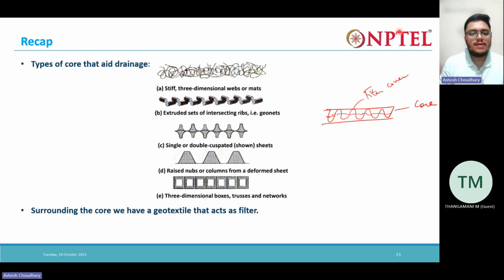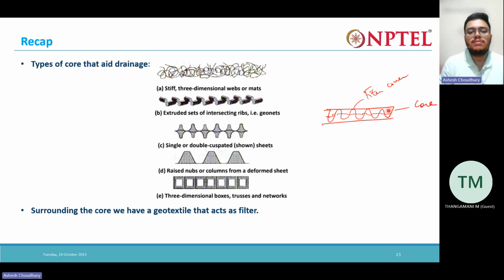What we can do is make a geocomposite. We have the outer cover, and inside we generally have a core which is for drainage. There can be many types of core.